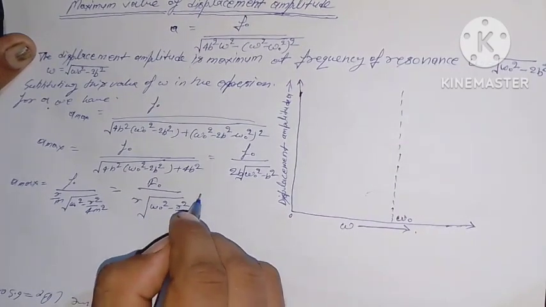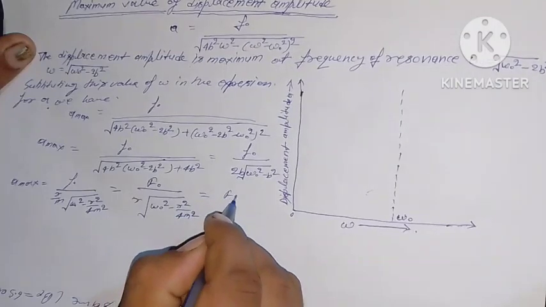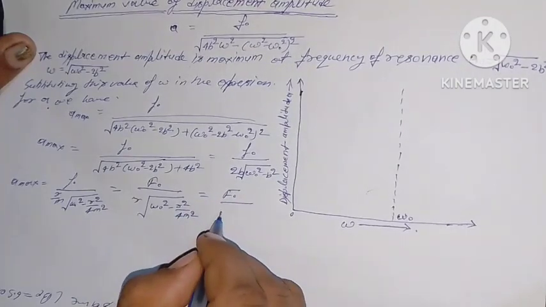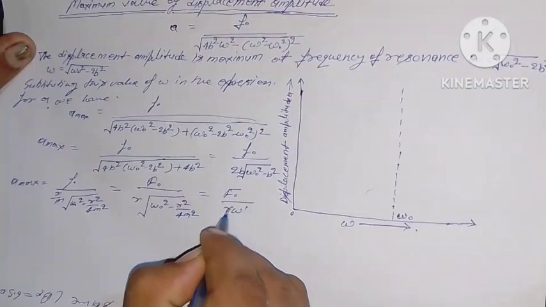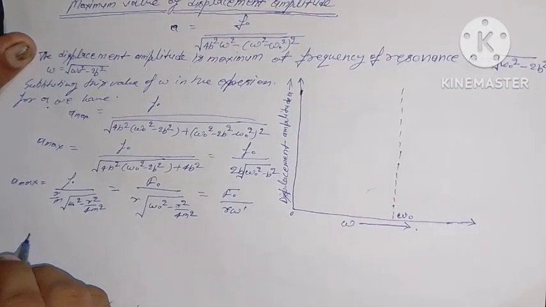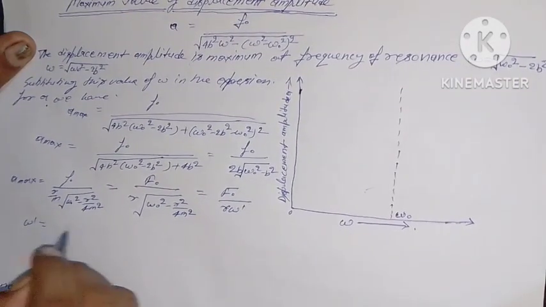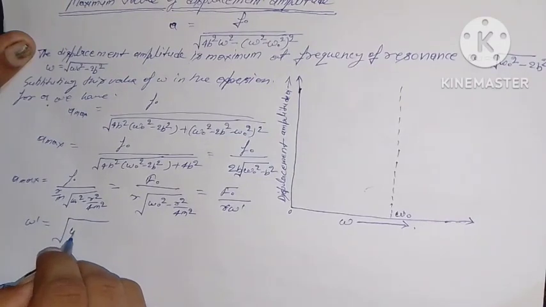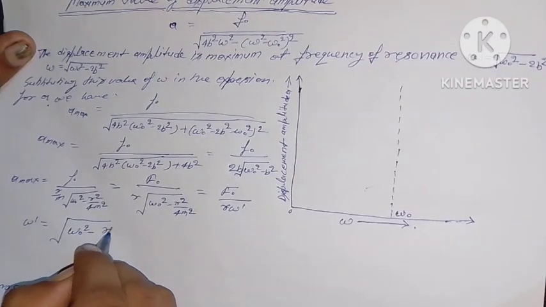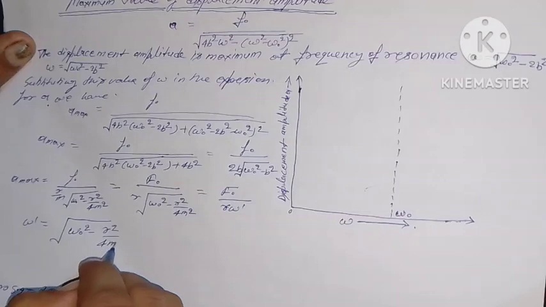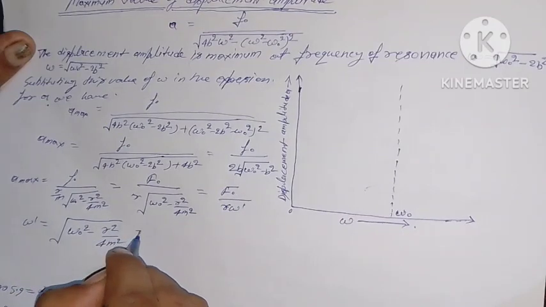That is f naught upon r omega dash, where omega dash equal to under root of omega naught square minus r square by 4m square.